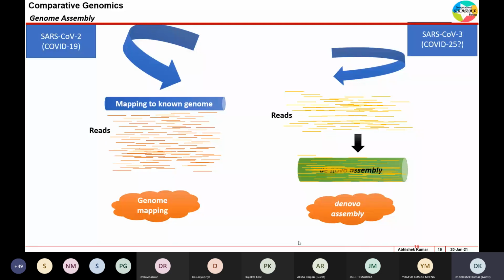When you map the small reads after sequencing to the known genome of a known organism, it is called mapping-based genome assembly. And when the genome is not known, you tell the program, okay, I have reads, I want a solution, and then it will make a de novo assembly.